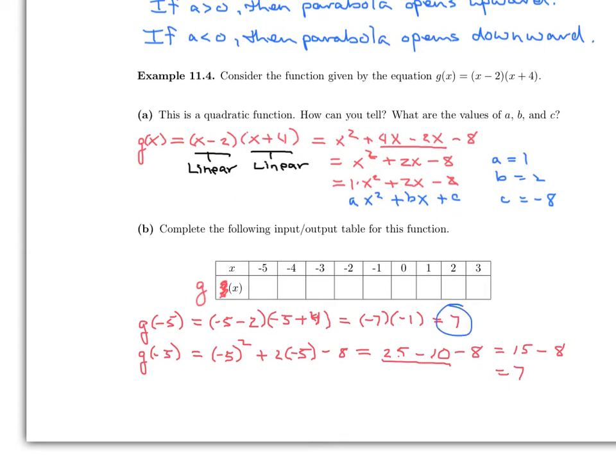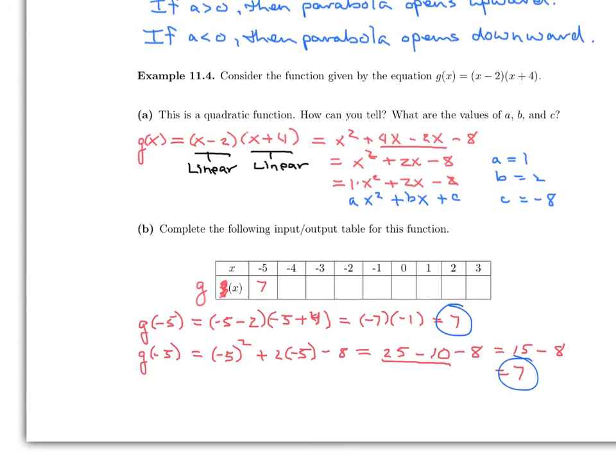So we arrive at the same output regardless of whether we use this version of the function to arrive at our outputs or this version. You can always use either version of the function. So when we put negative 5 in, we get 7 coming out.